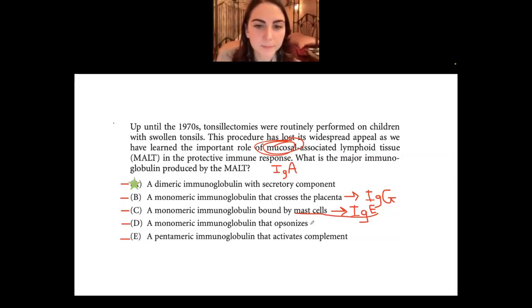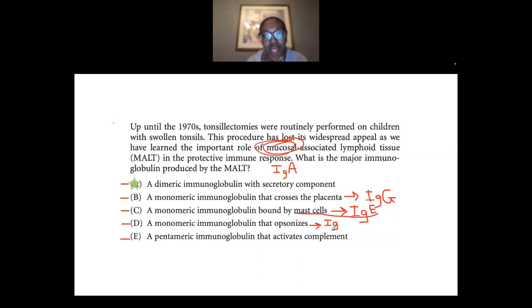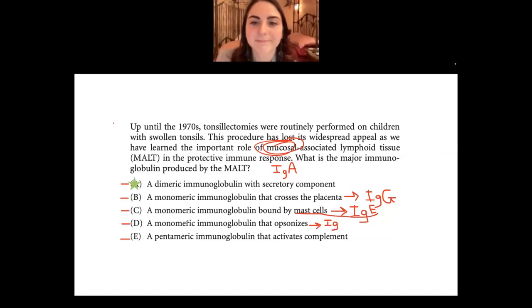Okay. How about D? Monomeric immunoglobulin that opsonizes. Is this IgM? No. I think it's IgG. The reason it's not IgM is because IgM isn't really an opsonizer. When it's floating around, it's a pentamer, and it's not good at opsonizing, it's good at activating complement.